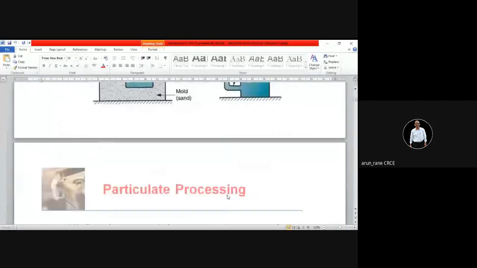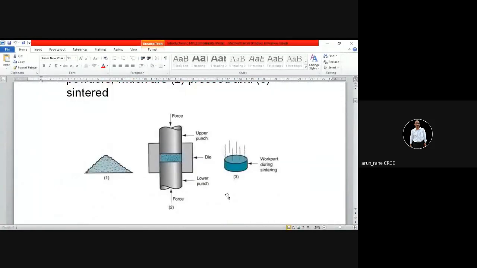Particulate process is powder metallurgy. You don't have it in this semester. I will just tell you, suppose you want to make tablets, like medicine tablets, and even edible tablets that small boys eat. How are those tablets made? You have a die, a lower punch and an upper punch.